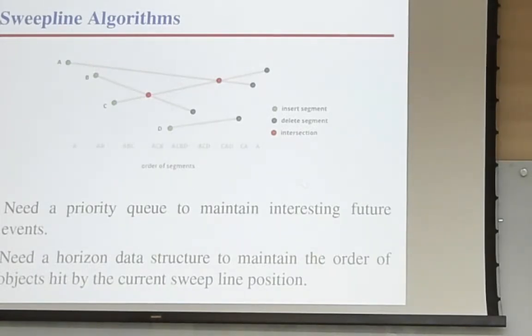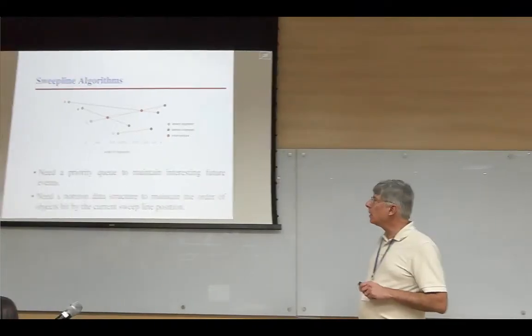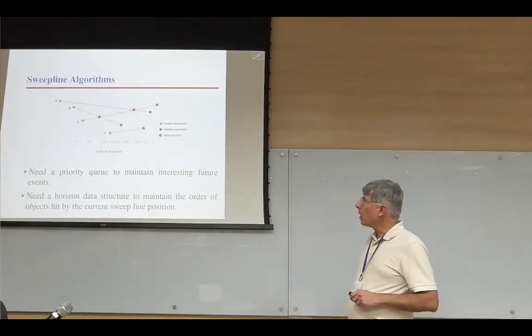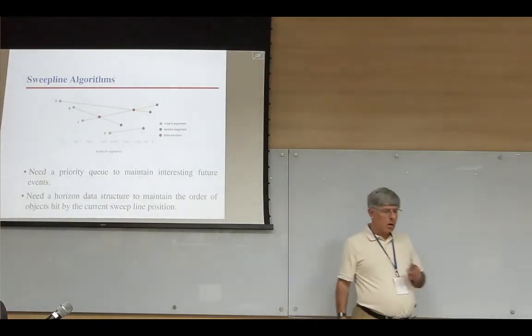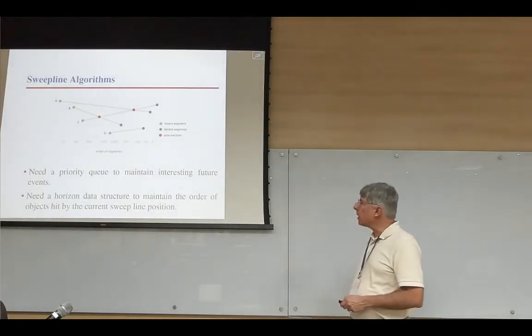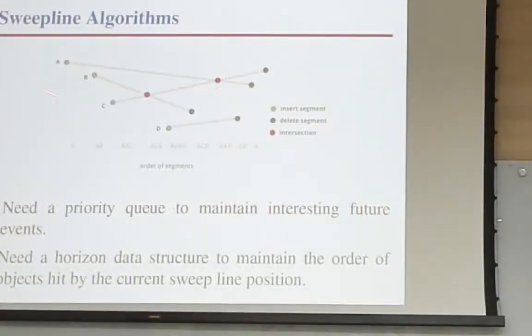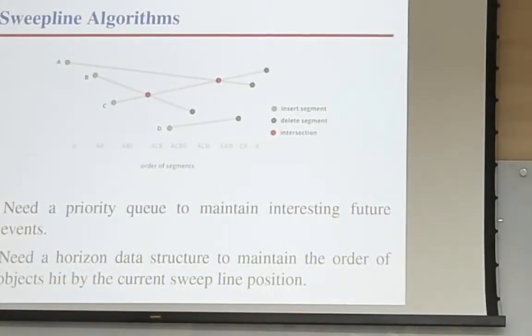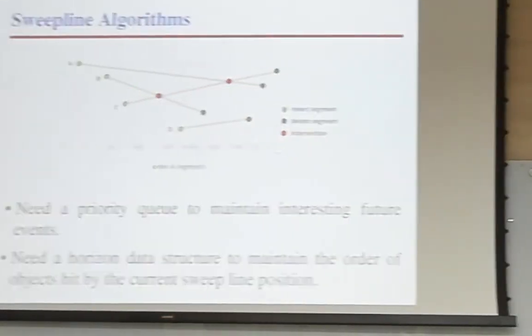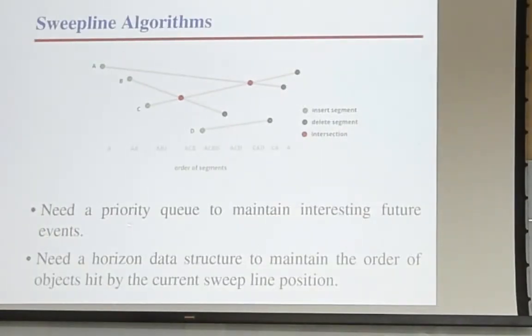What is the idea of one of these sweep line algorithms? We're going to keep track of two different data structures. One is going to be something to keep track of future events. That is going to be a priority queue, or a sorted order in simple cases. But it's basically going to tell us the exciting things that come sorted in order from left to right.